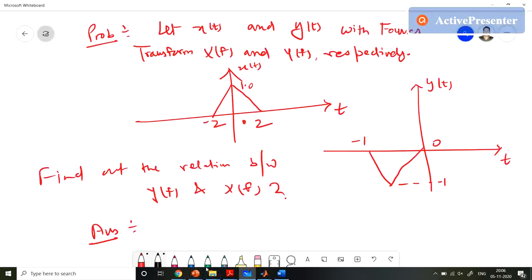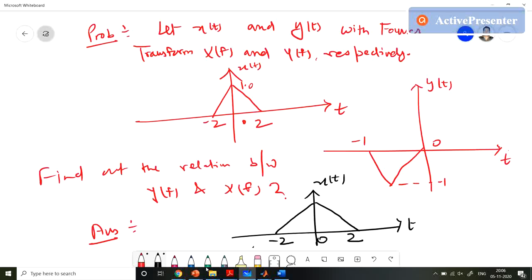So let us solve this problem. This is x(t).